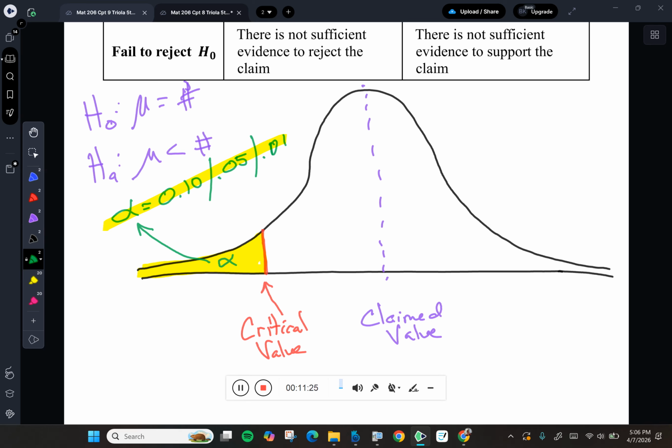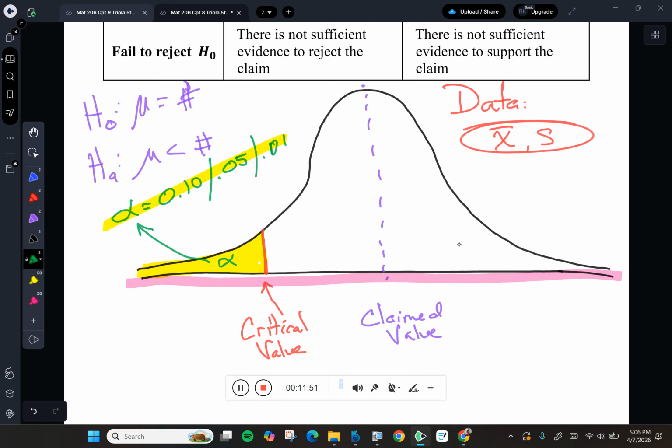Then we're going to go gather data, and that data is going to give us sample information, a sample mean and a sample standard deviation. We're going to take that data and plot it on this horizontal axis.